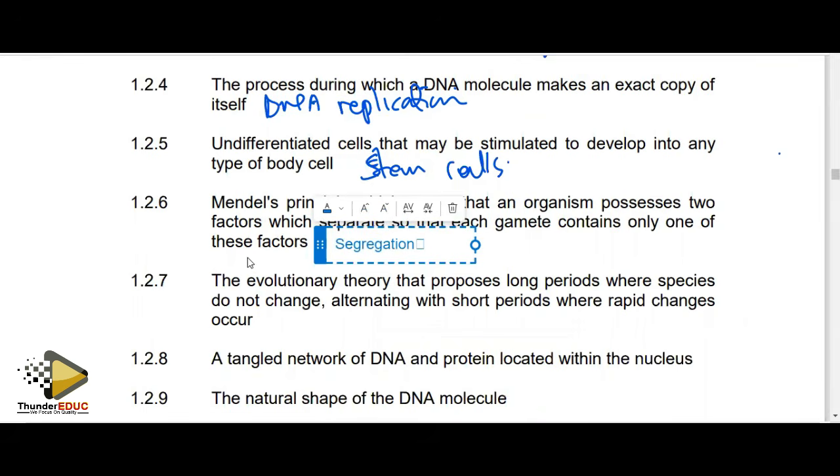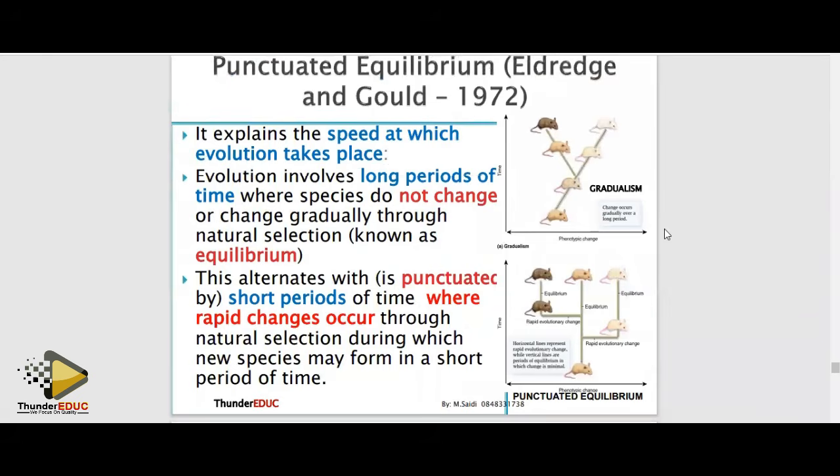Then another question. They're saying an evolutionary theory that proposes long periods where species do not change, alternating with short periods where rapid change occurs. This is punctuated equilibrium. Where do we find this? The answer is here.